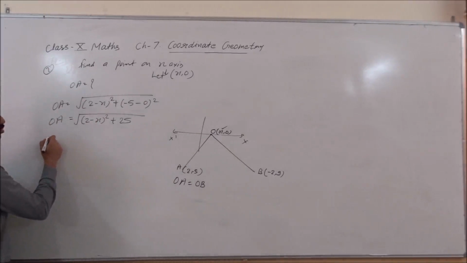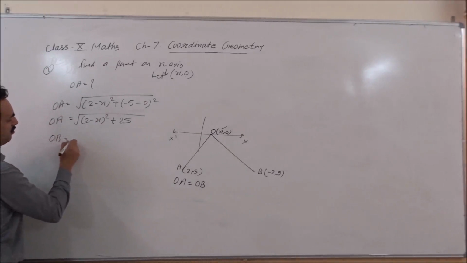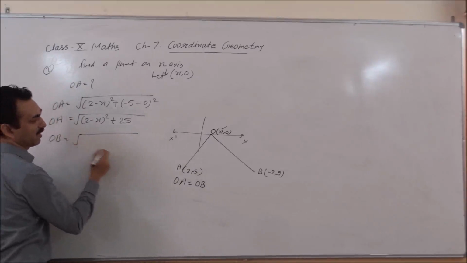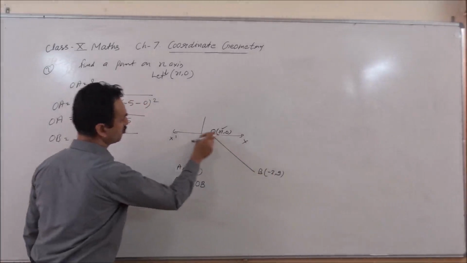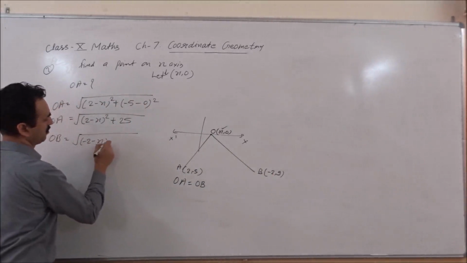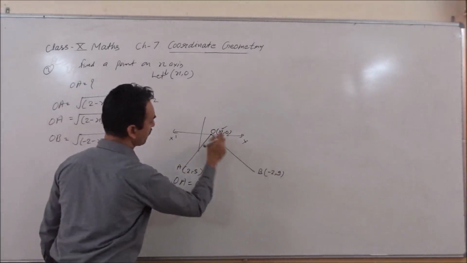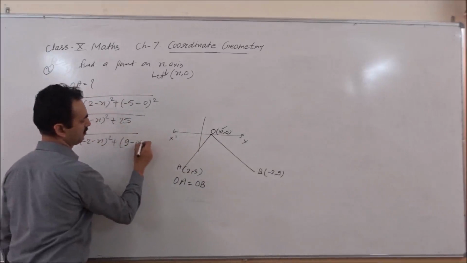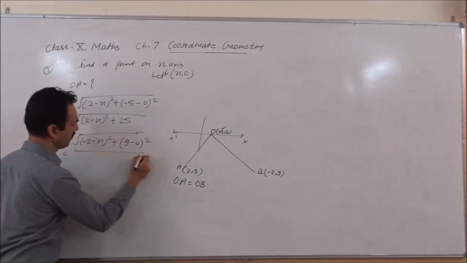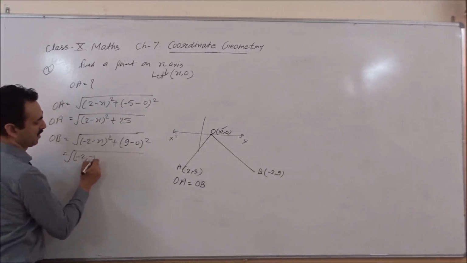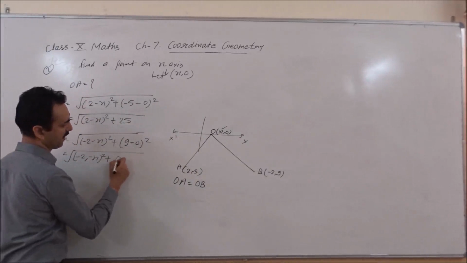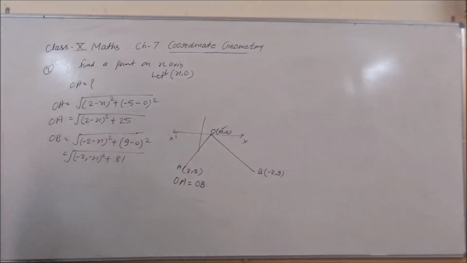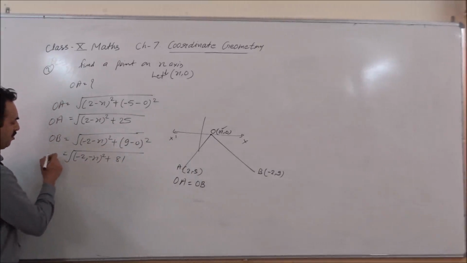And the second is OB. OB can be found out by the same method here: (-2 minus x) whole square plus (9 minus 0) whole square. So we will simplify a little bit: (-2 minus x) whole square plus 9 9 81. So this is OB.